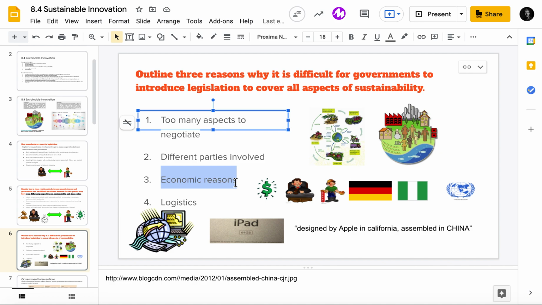I think this is one of the questions on the form, so you pick one of these and try to define or explain it a little bit more. And then the last one is logistics. Logistics refers to if you order something online from Thailand, then it gets shipped from China, and then it arrives. How do you balance that, because the governmental regulations are different in China than they are in Thailand than they are in the US.